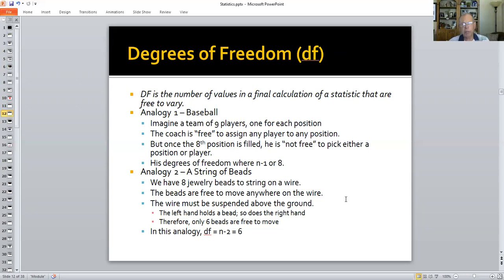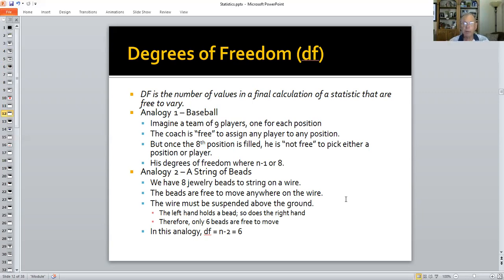All right, take another analogy. You've got a wire, and you take 8 jewelry beads that are going to be strung on this wire. Now, these beads are free to change places with each other. In reality, they can't, but let's imagine they could. The beads are free to move anywhere on the wire.